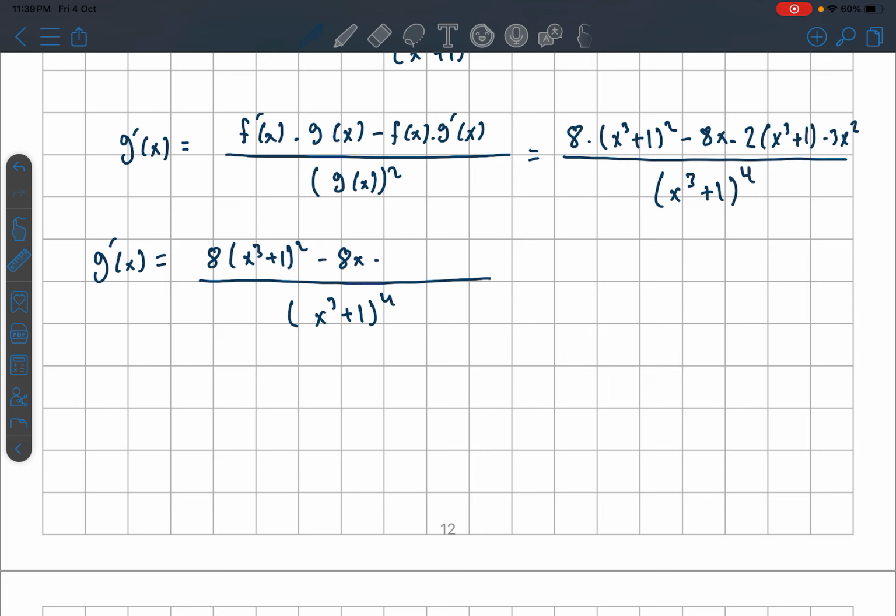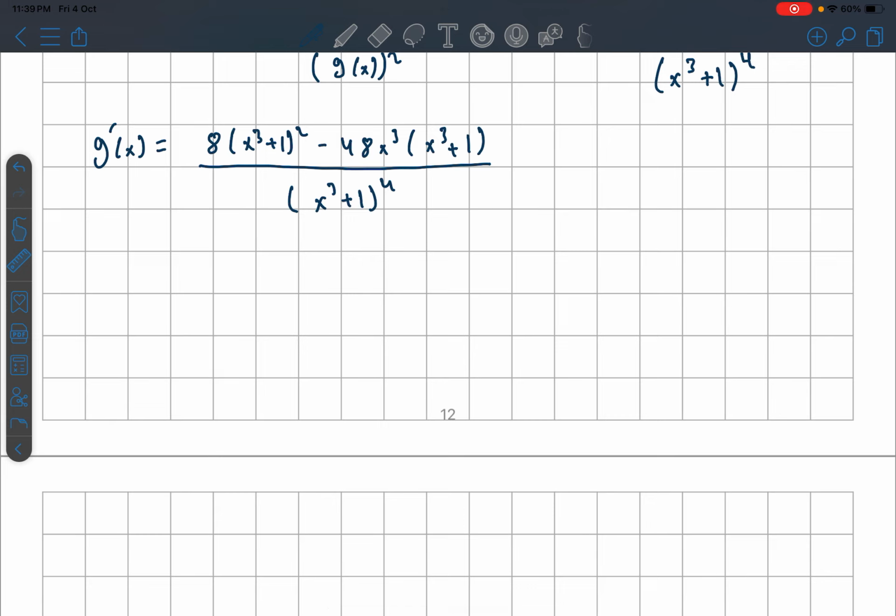Here we have 3x squared times 2, it will be 6x squared, and we have 8x, so it will be 48x cubed, and we have (x cubed plus 1).